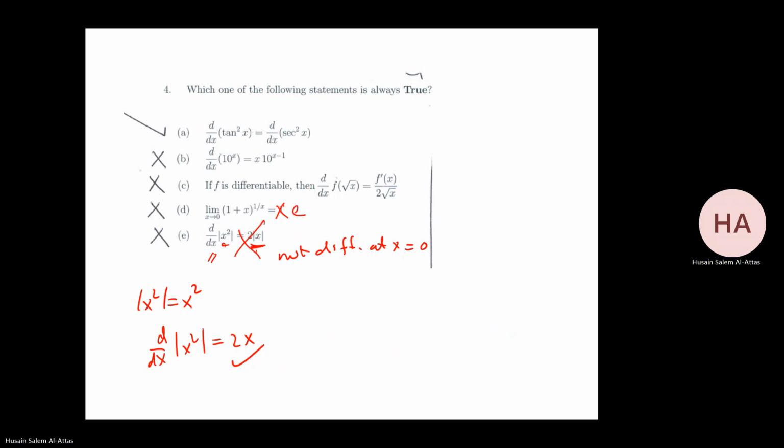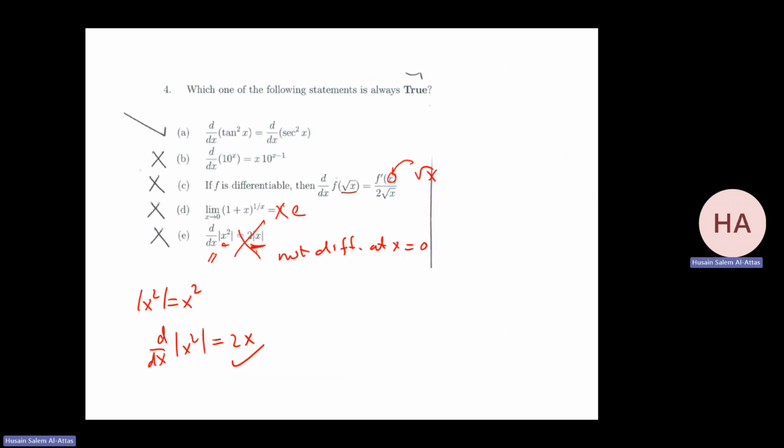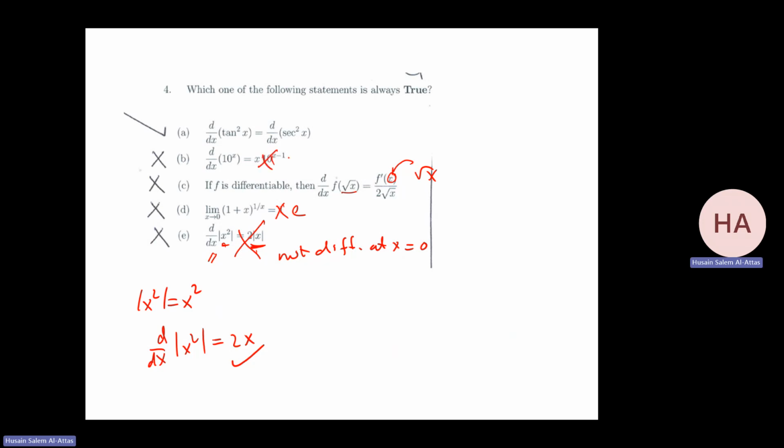This one is e. This is one of the special limits in 2.3. This one is wrong. Yeah, we did it before. The problem with this square root of x. The same thing as this one. Same statement. So that should be 10 to the power x ln 10. This is correct. Check.